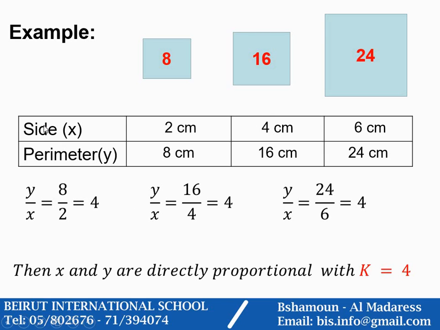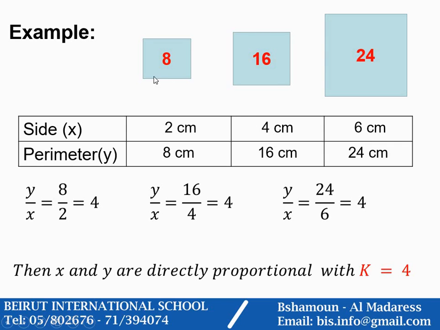Then you can say that the side of a square and its perimeter are directly proportional. Directly proportional means they change in the same way. Whenever the first increases, the second increases by the same constant, by the same coefficient, which here is equal to 4.